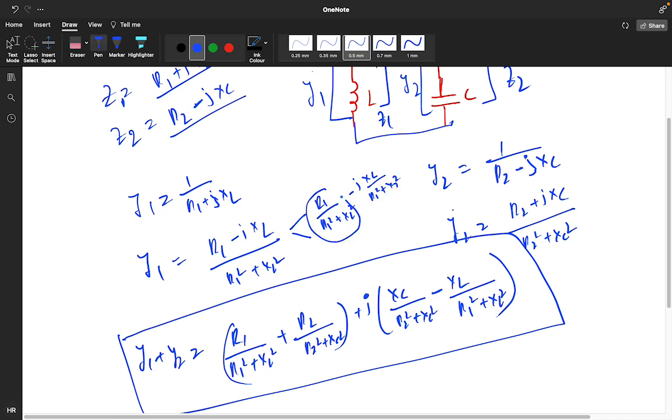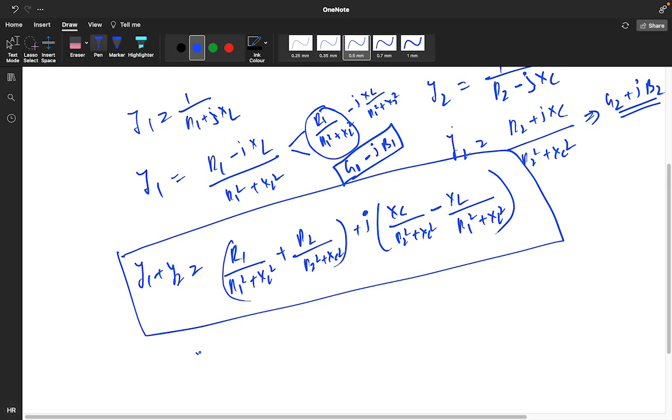So this is your real g1 part, and this is your minus XL divided by R1 square plus XL square. This is your minus j b1 part in short form. Similarly you will get g2 part plus j b2 part.